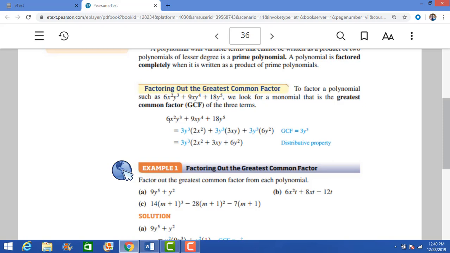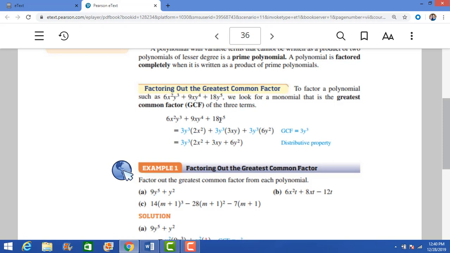So we're going to pull out a 3y cubed, and we're going to write each term as a product of 3y cubed times what's left over. Okay, so in this case, 2x squared is going to be left over. Here, it's going to be 3xy is left over. And then here it's going to be what?